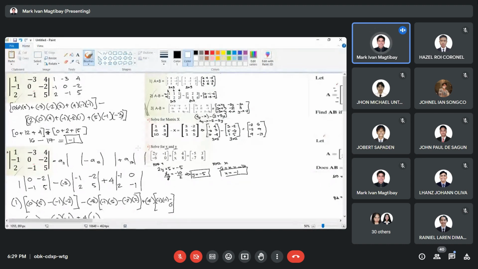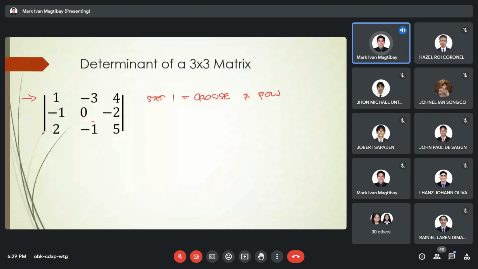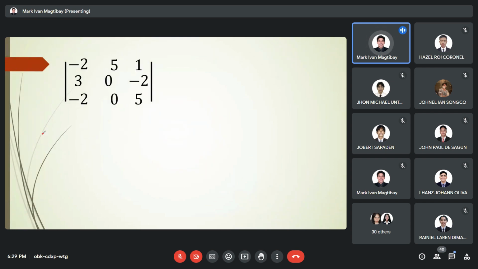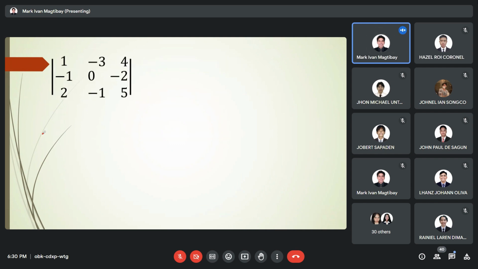Meron po kasi mga cases po na baka may iwan natin na specific na element na yun para may misplace po, nagkakamali po tayo ng tingin. So, nagkakaroon po tayo ng inconsistencies po dun sa mga values po na makukuha natin. Okay? Simple lang yan. So, that is the determinant of ating 3 by 3. Okay po.